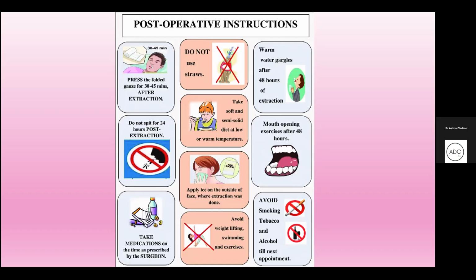Alcohol will cause delayed wound healing systemically, and tobacco can land up in local complications. If there is a healing socket in the oral cavity, it's very important to take care of that socket with proper mouthwash and salt water gargling and all.